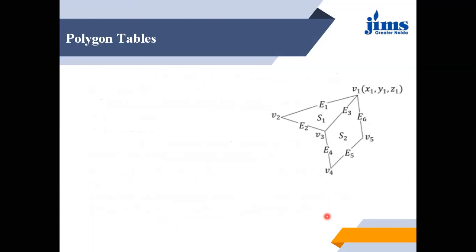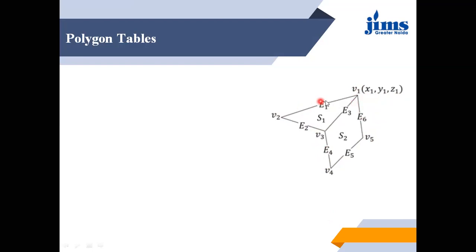Suppose this is a polygon. It contains two faces. One is V1, V2, V3. The second one is V1, V5, V4 and V3. So this is one face, this is another face. The vertex V1 has coordinates X1, Y1, Z1, as this is a three-dimensional object.